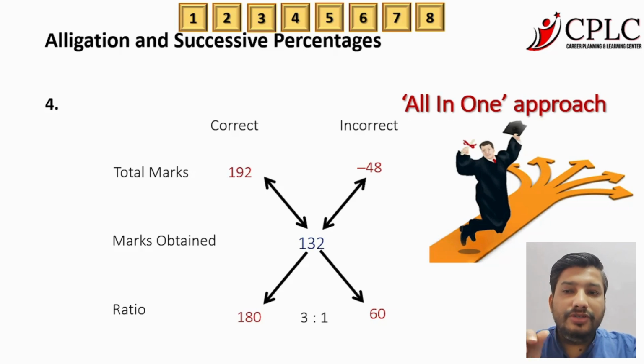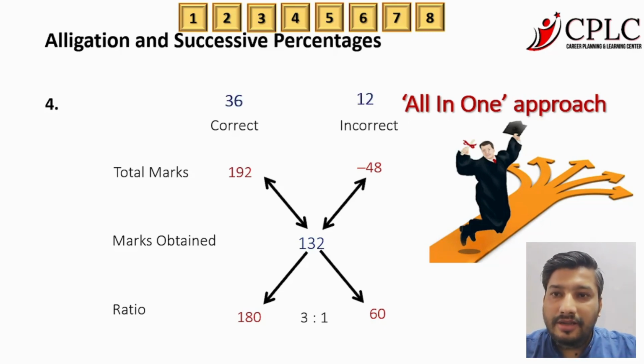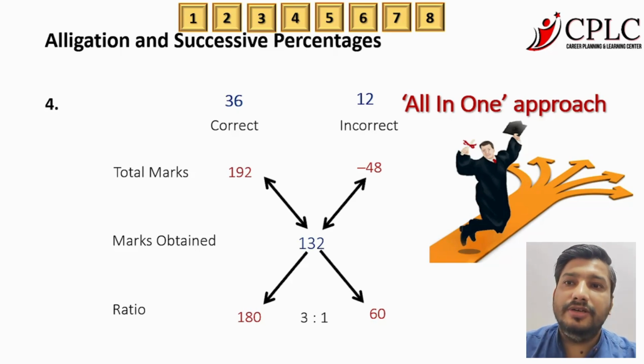So now all we have to do is divide 48 in the ratio of 3:1. When you do that, you get the answer as 36 and 12 questions. So 36 correct and 12 incorrect, because 48 into 3 by 4 is 36 and 48 into 1 by 4 is 12. So that is how you divide the numbers in certain ratios also.